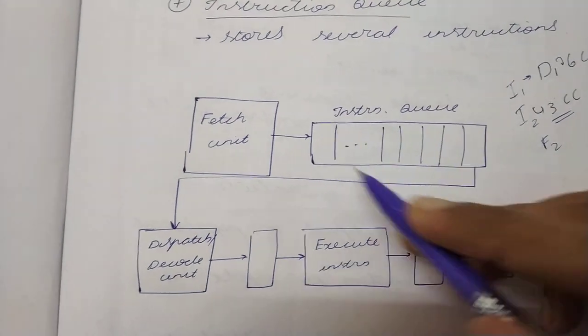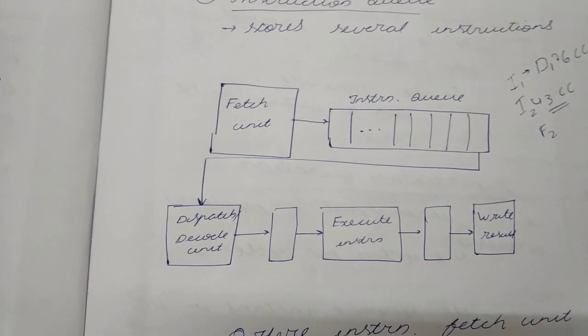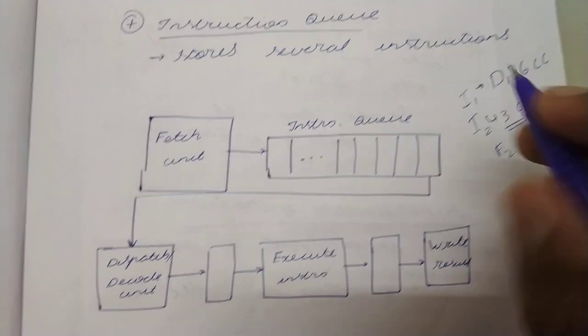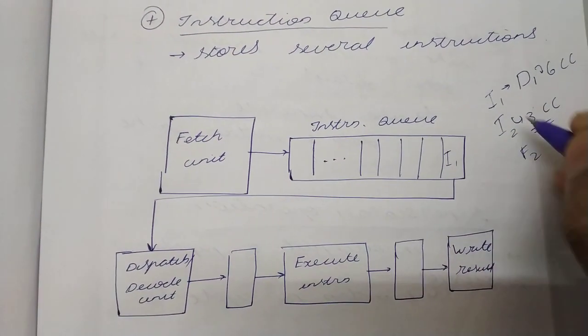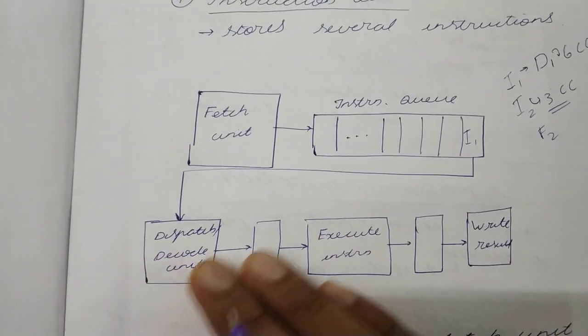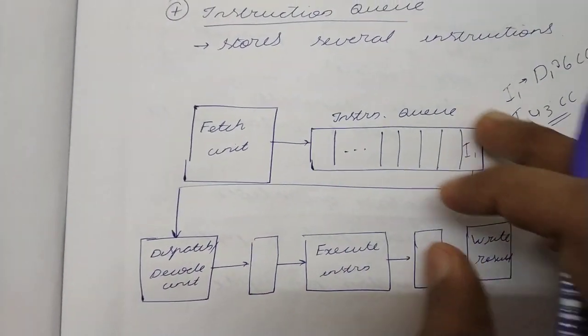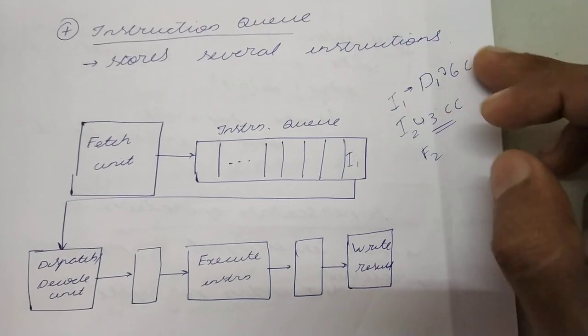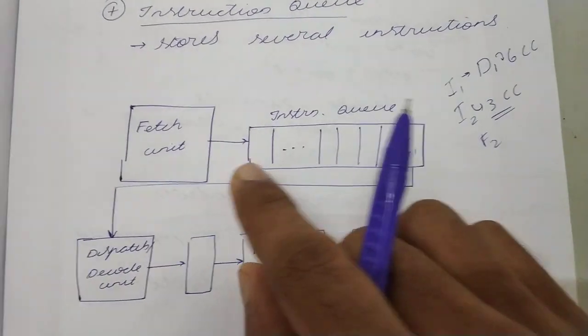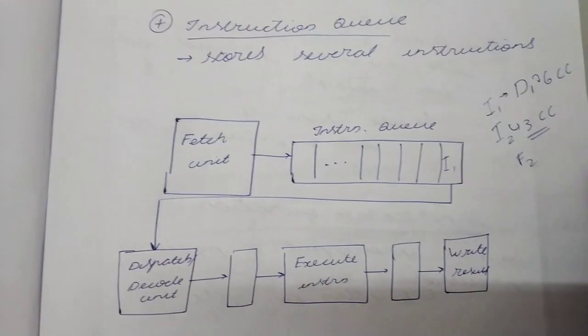But what will happen here is, during this D1 itself, after the first instruction is fetched, I1 will be available here. During this D1, as there is more space in the instruction queue, while the decode is being executed for 6 clock cycles, the fetch unit will go for 3 clock cycles.